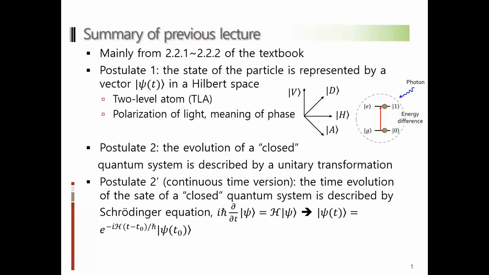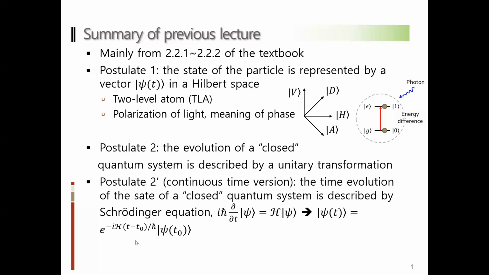But if you want to know the origin of this kind of behavior, then we have to resort to the Schrödinger equation, which is a continuous-time version of the second postulate. The Schrödinger equation looks like this. If we solve this equation, we obtain this kind of solution.